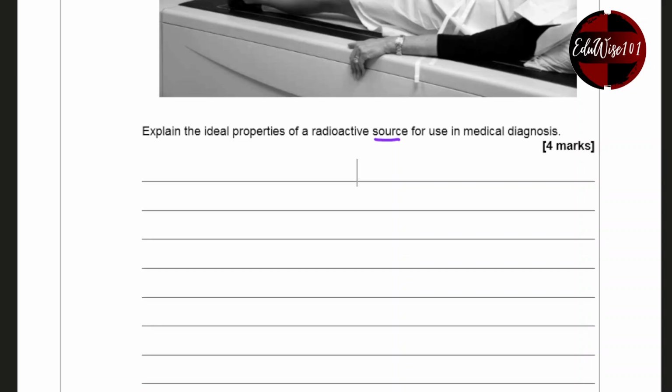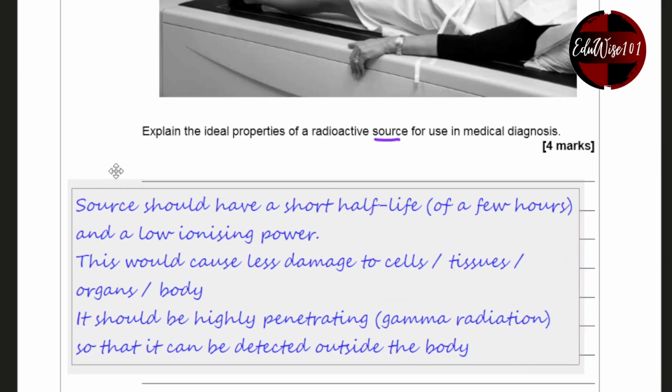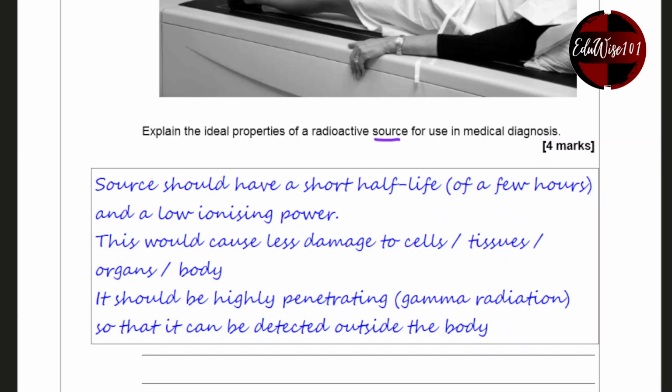So for 4 marks, you could say the source should have a short half-life, for a couple of hours maybe. That way, when the patient is exposed to it, or when it's inside the body, they're not going to be radioactive for a very long time. So the patient can be discharged within a couple of hours.